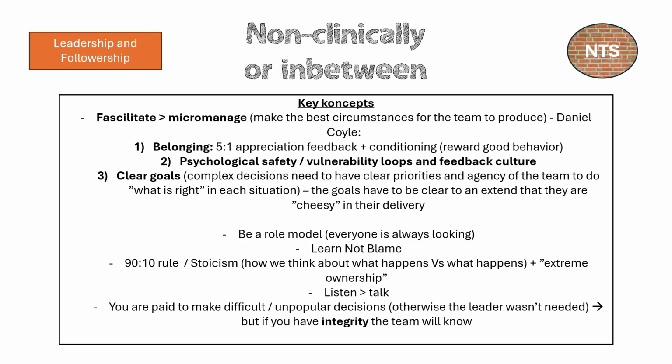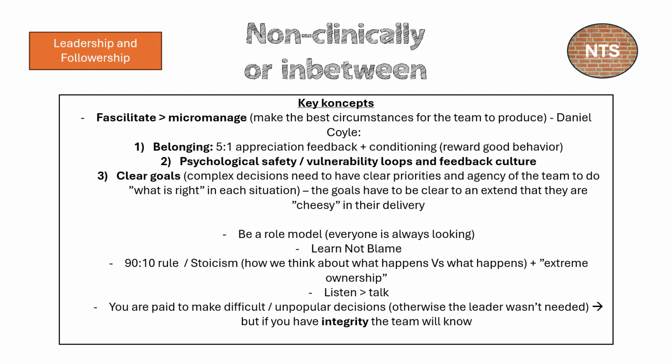I read Daniel Coyle's book, The Culture Code, where he talks about these three concepts: the first is belonging, which is essential. The team or the leader needs to make the team members feel that they belong to the team. You can do that by, for instance, doing appreciation feedback. We'll talk about what that is, and for each coaching feedback you do, you have to do 5 times more appreciation feedback, and that means that you have to listen and see what people are doing, because non-specific appreciation feedback is okay, but specific appreciation feedback is really good.